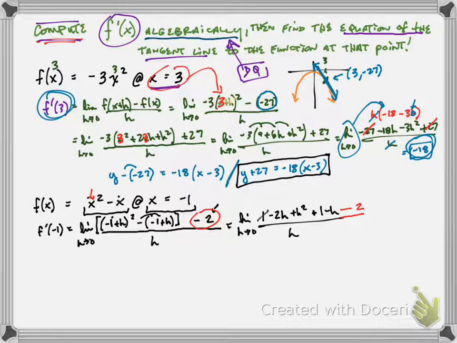Now, 1 plus 1 minus 2 cancels. That's 0. We can combine these like terms. So negative 2h minus h is negative 3h. So we've got the limit as h goes to 0 of negative 3h plus h squared over h. We can factor an h out of our numerator.